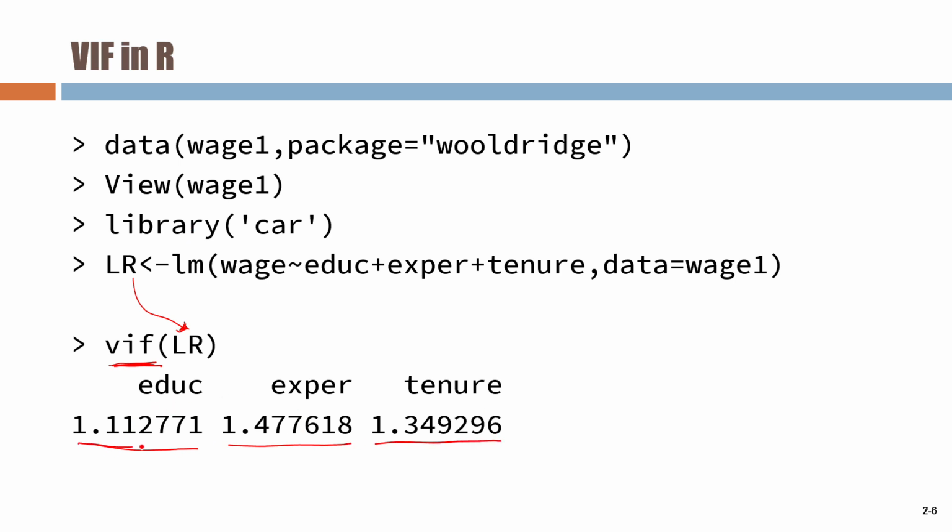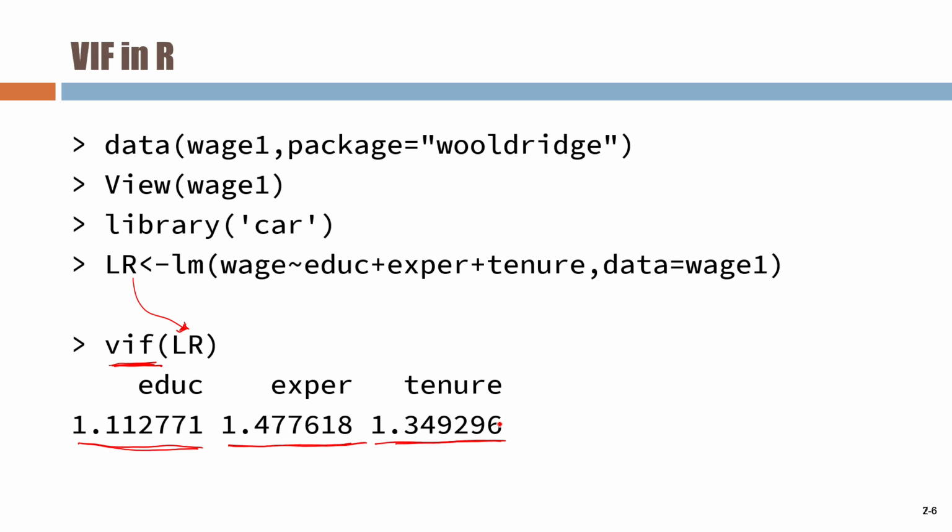Here, as you can see, they're all 1 point something. So we can say there is no variable that has a high correlation with other variables, so we don't have to worry about multicollinearity here.